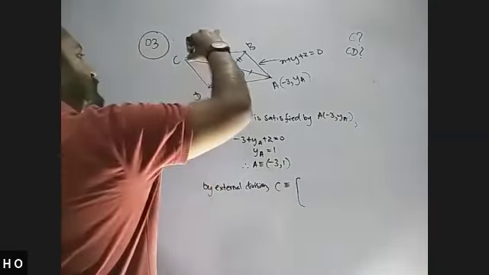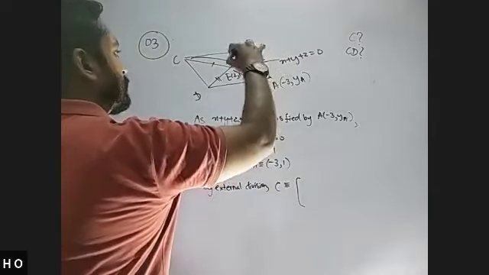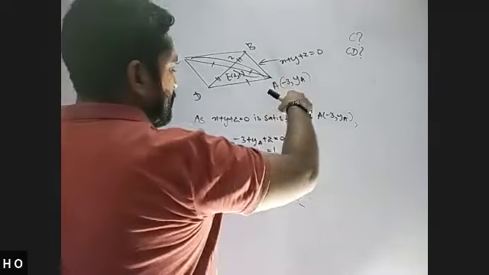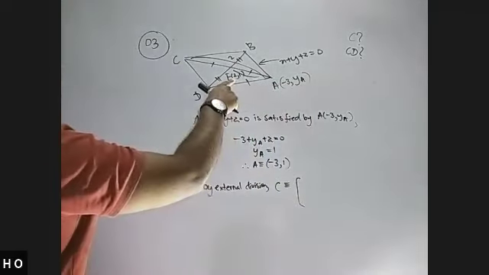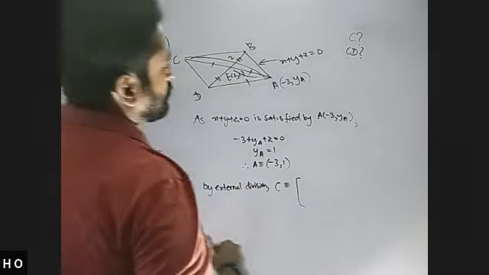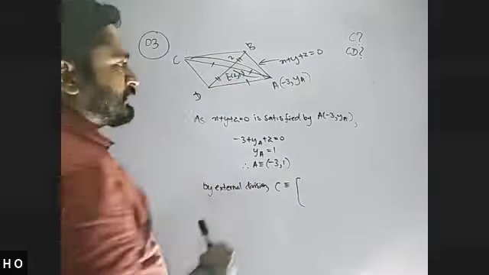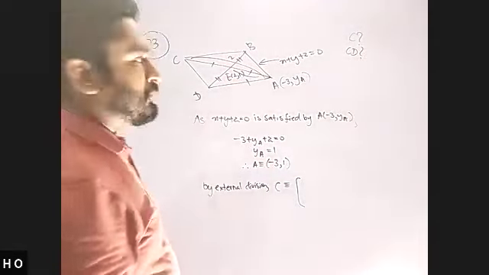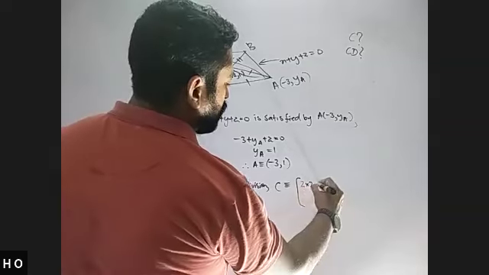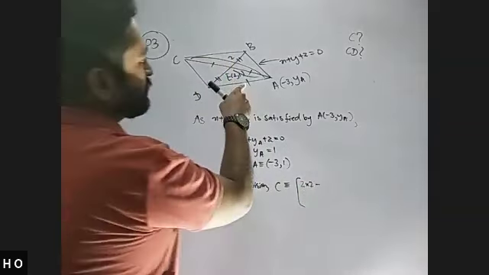So what about the ratio? 2 to 1. 2 happens from minus 3, 1 and 1 happens from 2, 1. So you have to cross multiply.